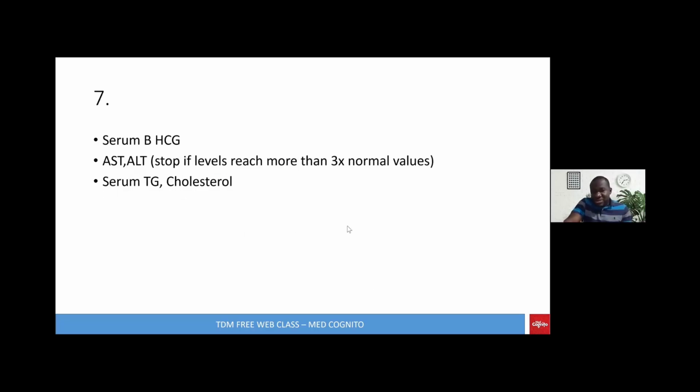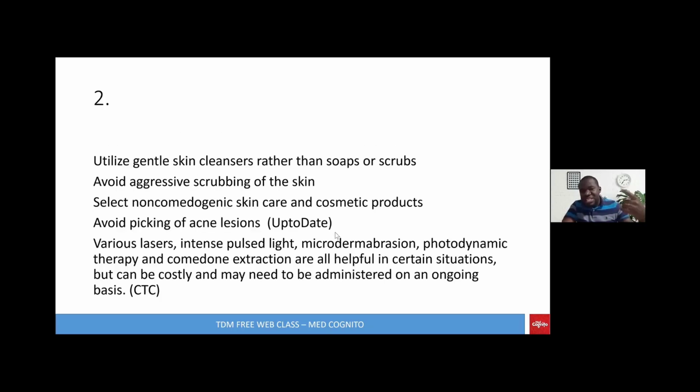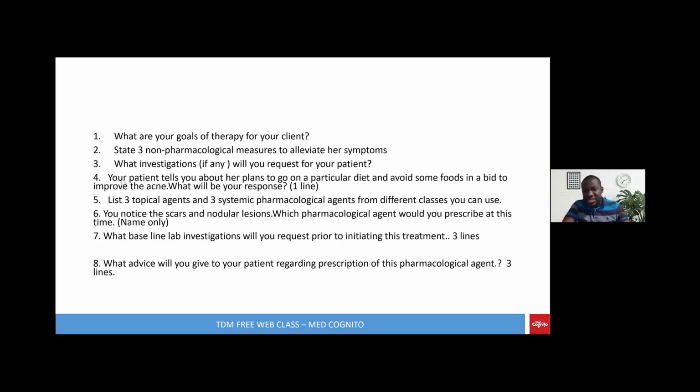So again, the question was asking for baseline investigation. People were mentioning lab investigations for acne in response to question number 3, which should not be the case. At that time, there's no preamble. There's nothing in the question that is suggesting that you are going to give isotretinoin. You don't give isotretinoin routinely to all of your acne patients, right?